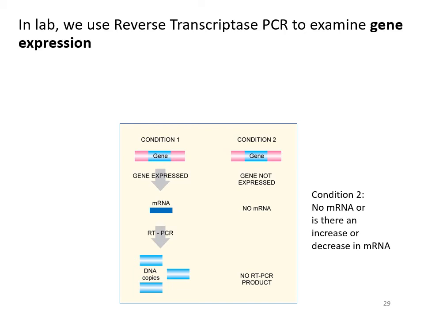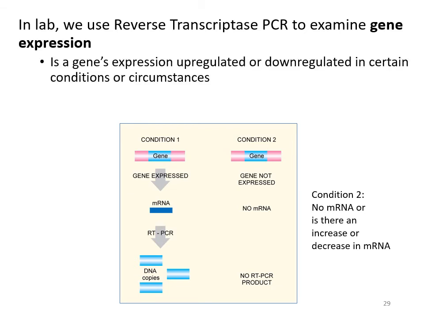Now that reverse transcriptase PCR is very valuable to us in the research field because it allows us, like I said, to examine gene expression. So you can look at whether a gene's expression is upregulated or downregulated in certain conditions, basically meaning you'll have two different conditions and you'll ask yourself, when do I see a greater signal?